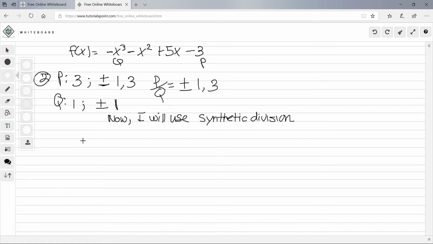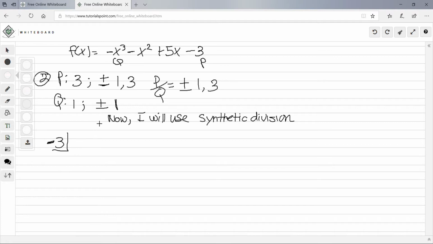I will use negative 3. Let's see if this works. So to do synthetic division, you put in negative 3 in the box, but when you factor out, it's not going to be negative 3, it's going to be positive 3, but I'll show you at the end.